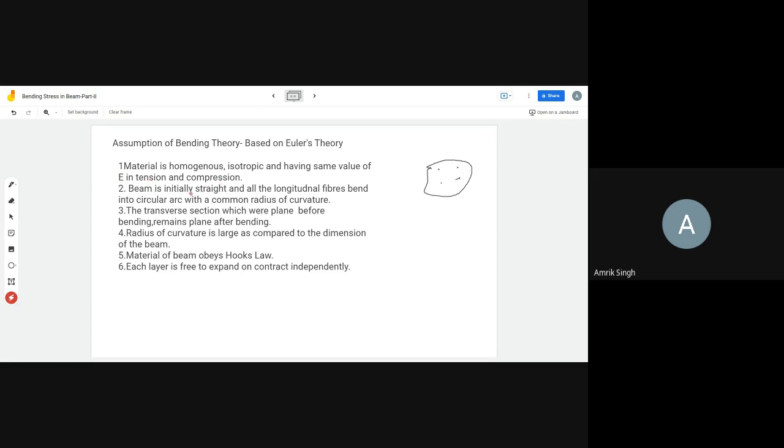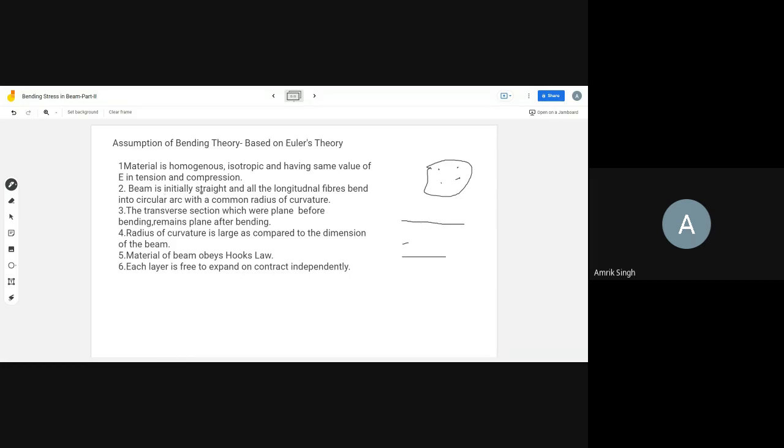Second is that the beam is initially straight. So what does it mean? Suppose this is a beam. It is having some undulation. It is not straight. But a straight beam will look like this, although it is difficult for me to draw. So this is a straight beam. This beam is not straight.